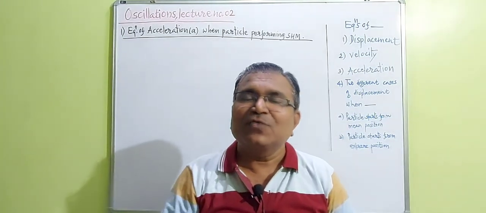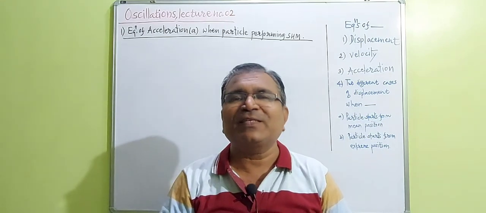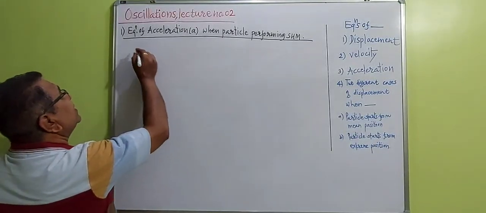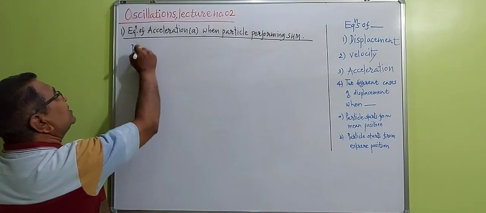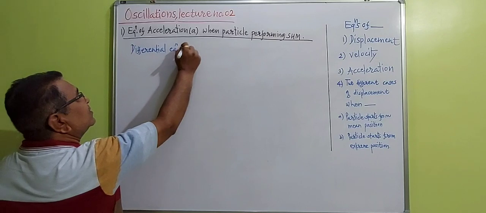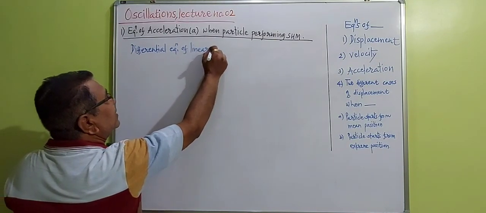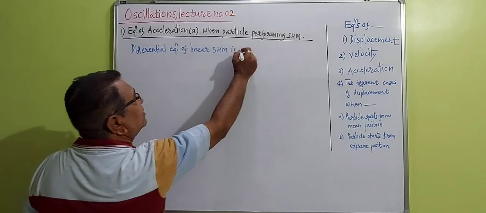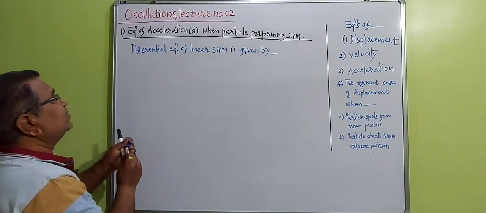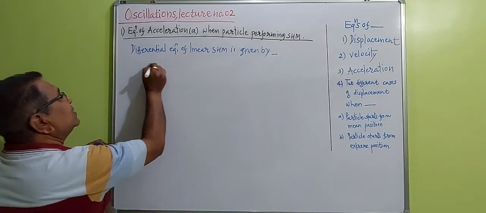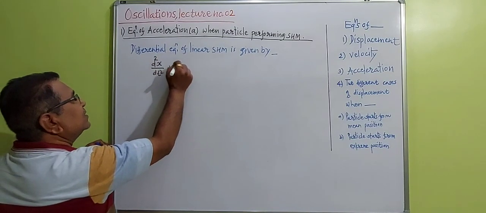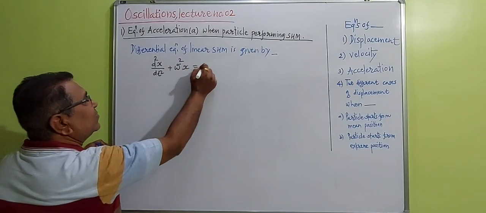For that purpose, we should know the differential equation of linear SHM, which I will write on the board. The differential equation of linear SHM is given by d2x upon dt square plus omega square x is equal to 0.